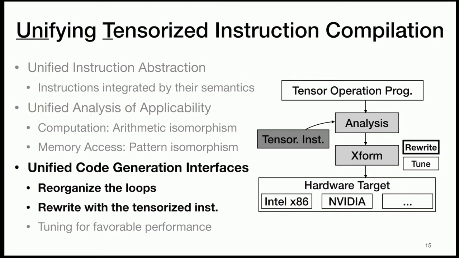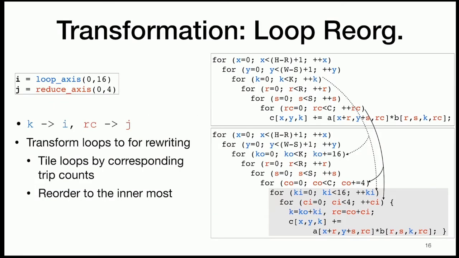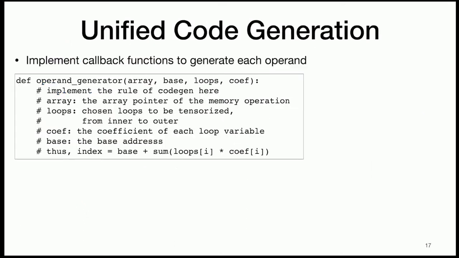And the last missing piece of code generation is how we can plug in each operand of the instruction. As aforementioned, we are going to tensorize K and RC, and the innermost shadowed region will be rewritten by the instruction. We need to figure out how each operand should be prepared and fed to the instruction. Because of the diversity of the potential hardware we will target, it's almost impossible to find a fully unified methodology to generate the operands.